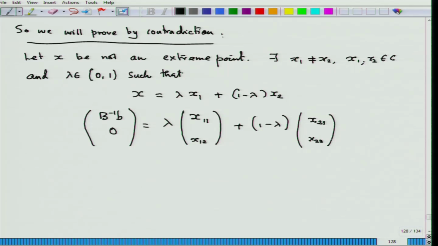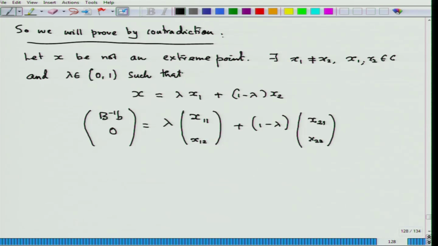You could as well write x1B, x1N, x2B, x2N, does not matter. What I would have is that this has the same number of components as x_B, this has the same number of components as x_N, this has the same number of components as x_B, and this has the same number of components as x_N.